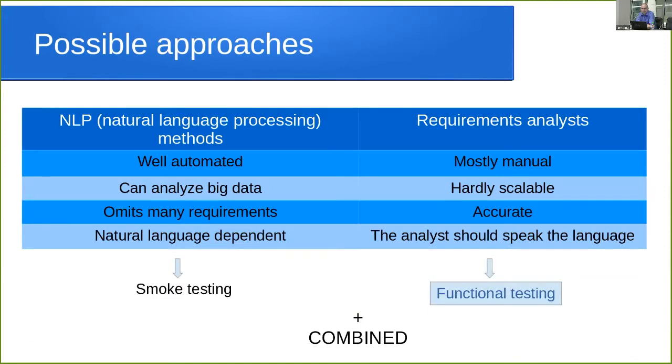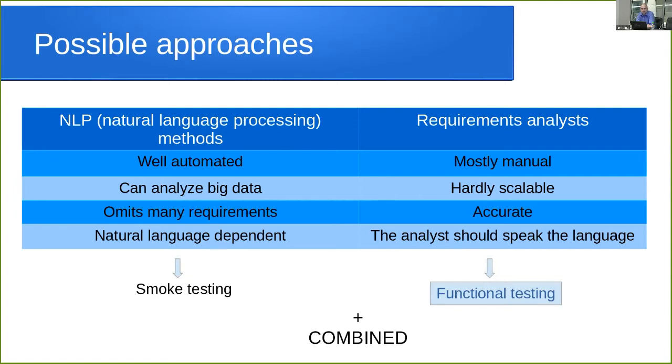And what are the approaches that we can apply to extract functional requirements from the API documentation? I have found two classes of approaches. The first class of methods are so-called natural language processing methods.